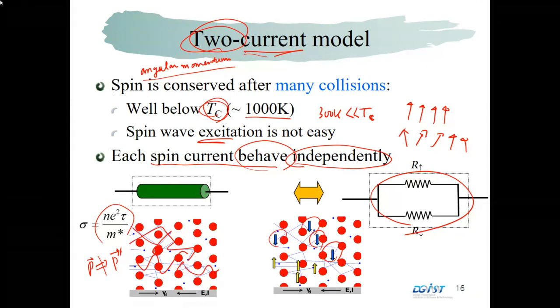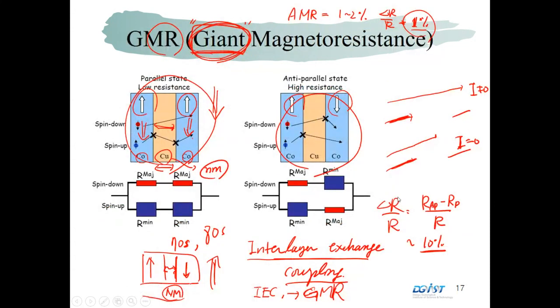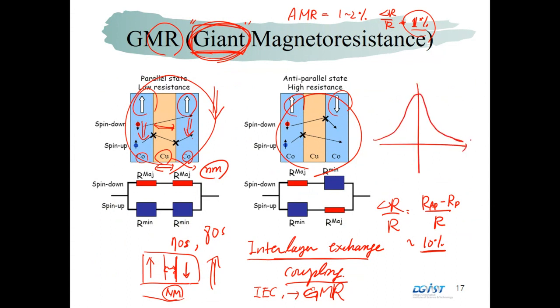In GMR, there are two types. One is the multilayer case, like this. The GMR curve is something like this. In the parallel case, the resistance is low. In the anti-parallel case, the resistance is large.